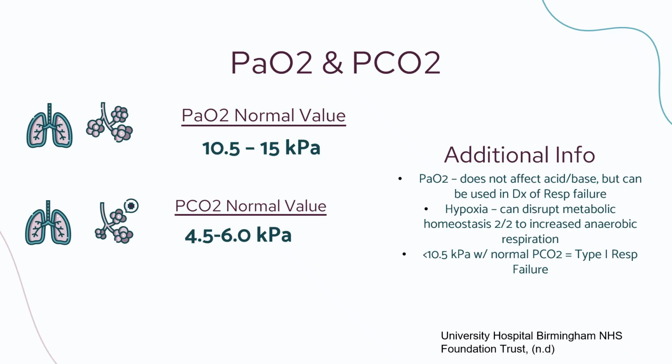Also, I wanted to discuss if there is a reduction in the PaO₂ and you see that it's less than 10.5 kPa with normal PaCO₂, then that's indicative of type 1 respiratory failure. I'll go more into the type 1 and type 2 respiratory failures in the next lecture.